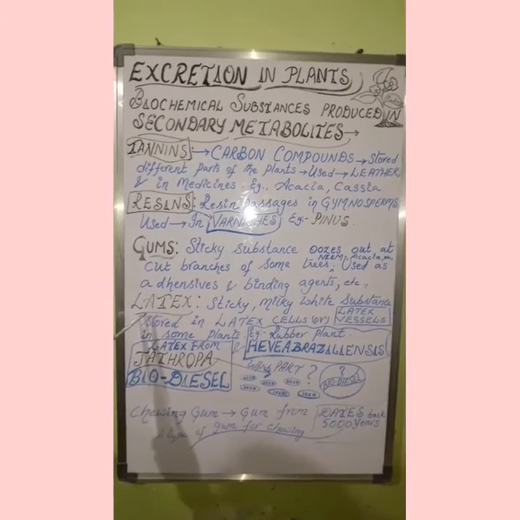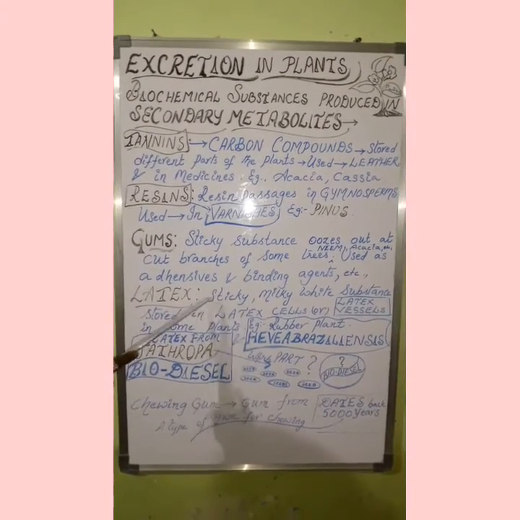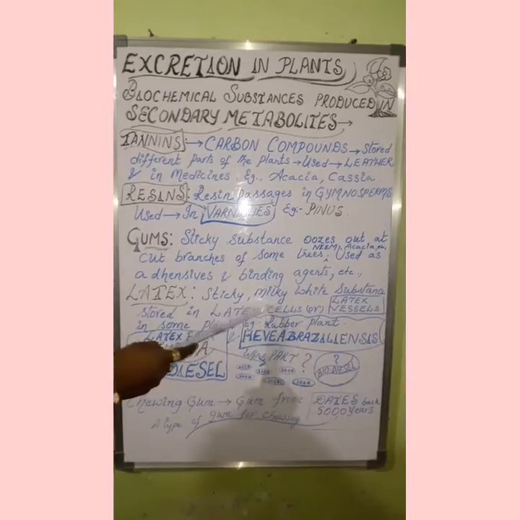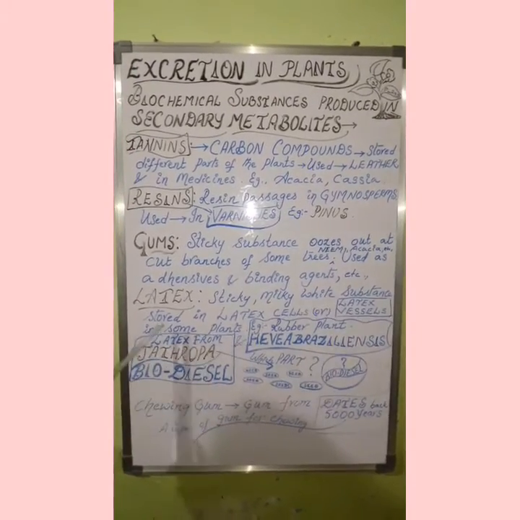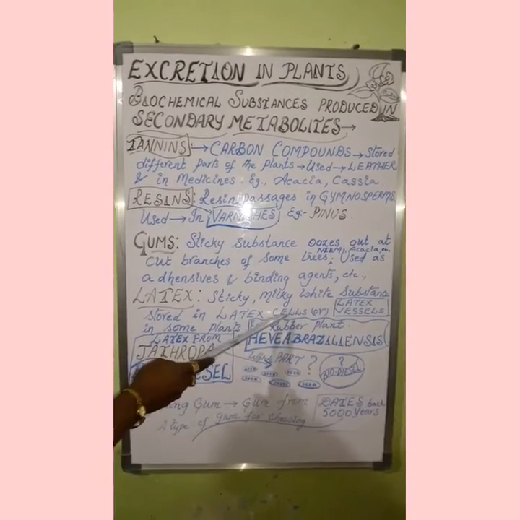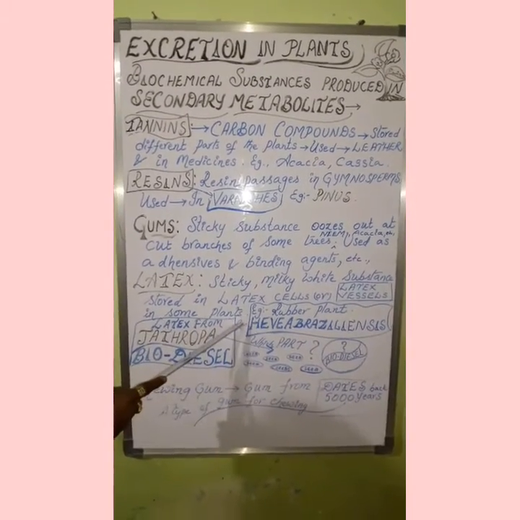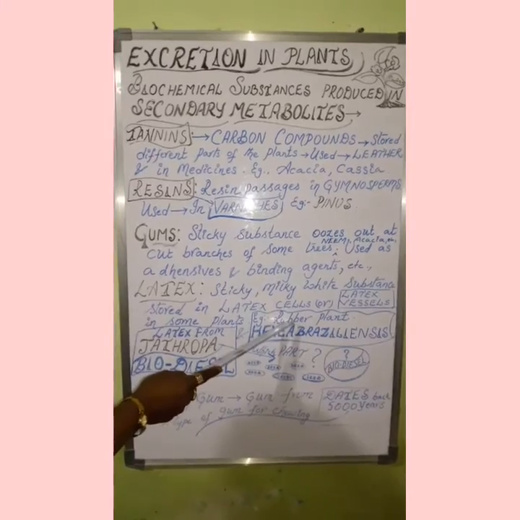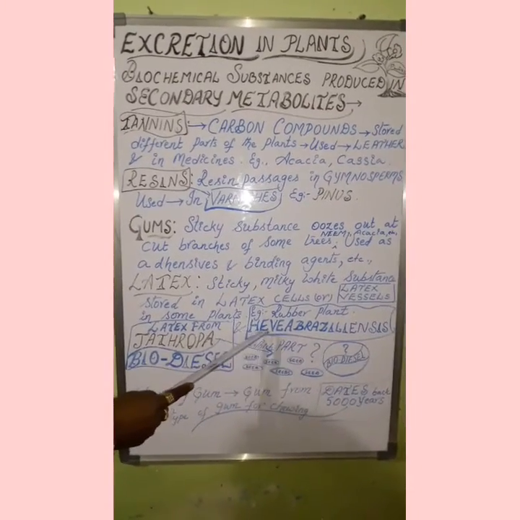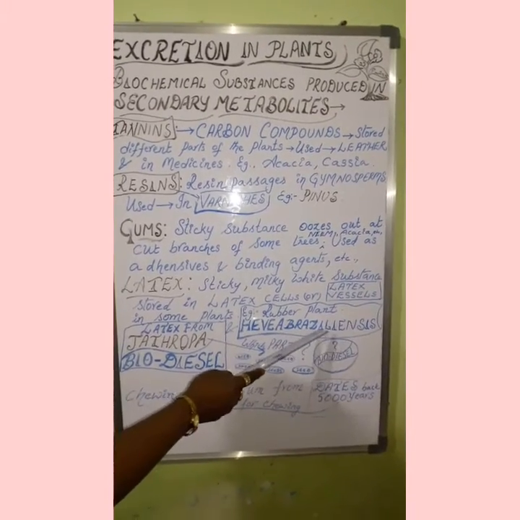The next one is latex. These are sticky milky white substances stored in latex cells or latex vessels in some of the plants. Example, rubber plant called Hevea brasiliensis.